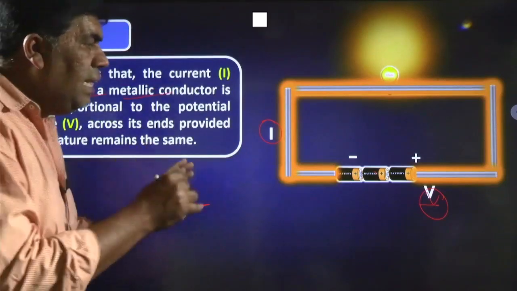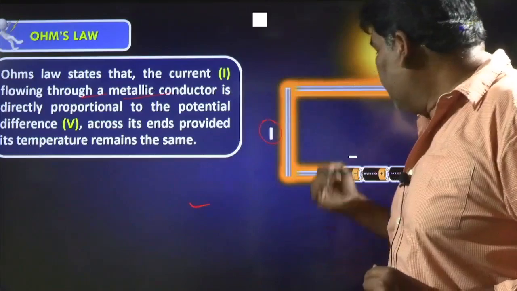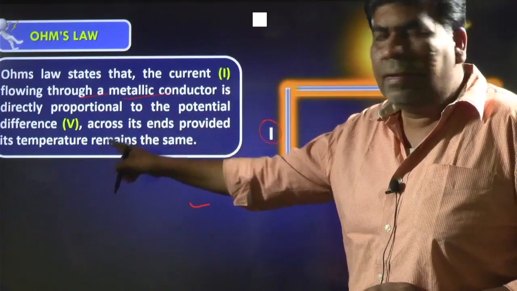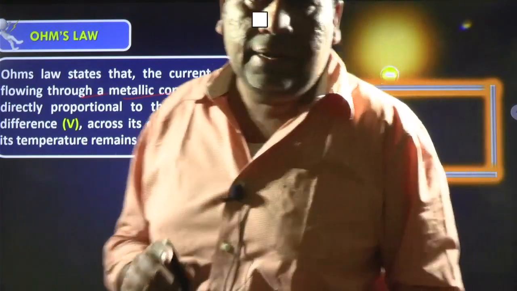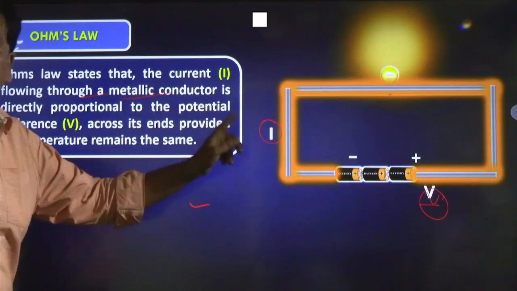With these three examples, what we have observed is that the current I and the potential difference V are related to each other.